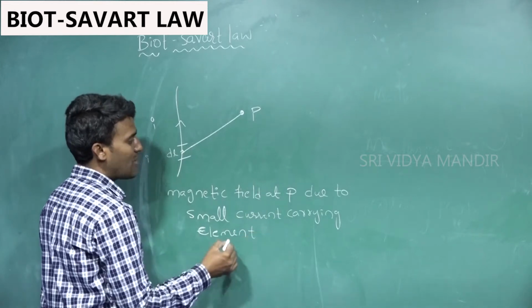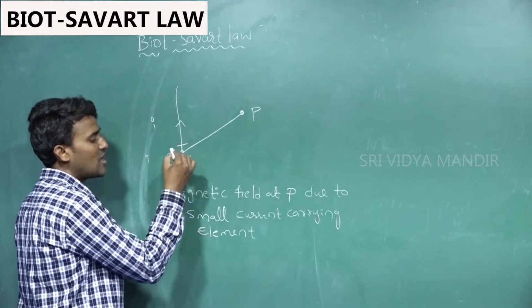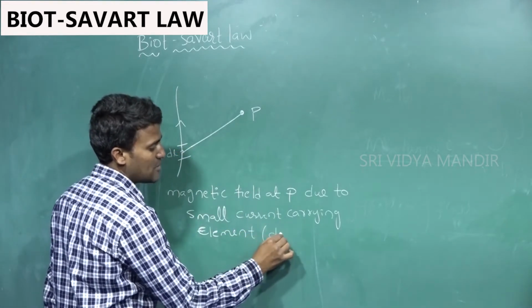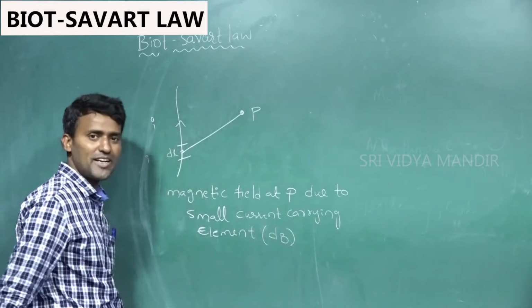The magnetic field due to the small element we write as dB.